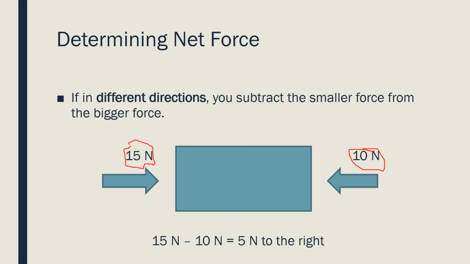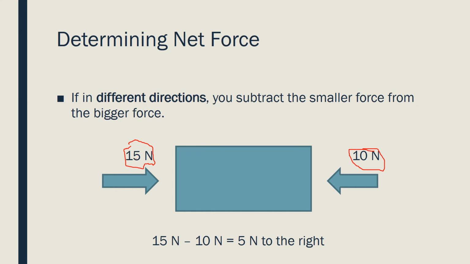So one's pushing with a force of 15 newtons, one is pushing with a force of 10 newtons. So we take the smaller and subtract it from the bigger. So in this case, it's 15 minus 10. That gives us 5 newtons, and we know it's going to go to the right because that force is the one that is bigger. So if the person on that side is pushing with more force, it's going to move in the direction of the stronger force.